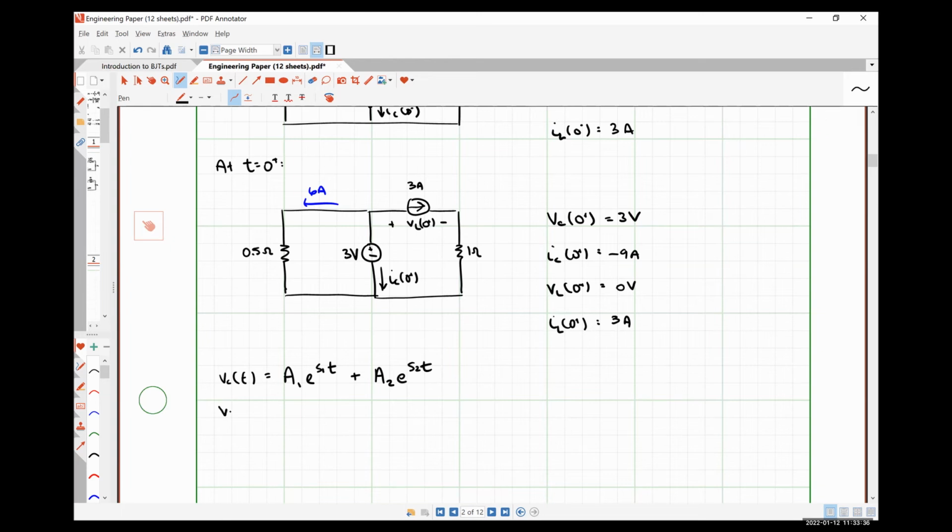So at 0 plus, this is just going to look like A1 plus A2. And since the voltage across the capacitor at 0 plus was 3 volts, we have A1 plus A2 is equal to 3 volts as our first equation. Easy peasy, right?